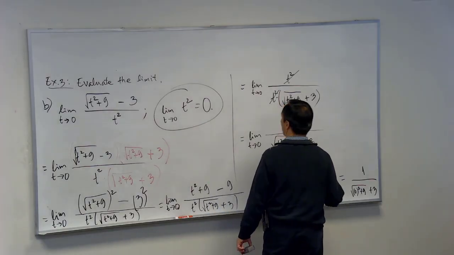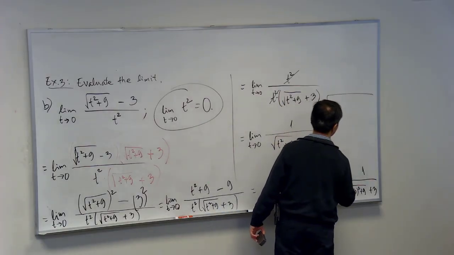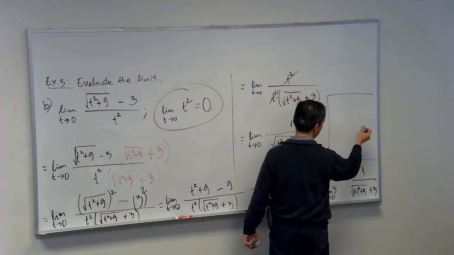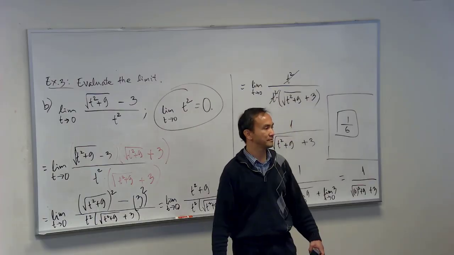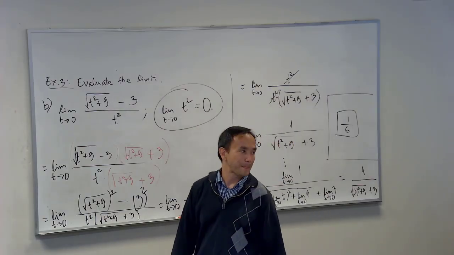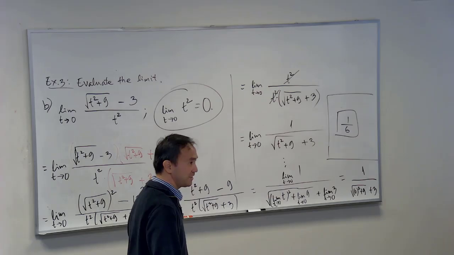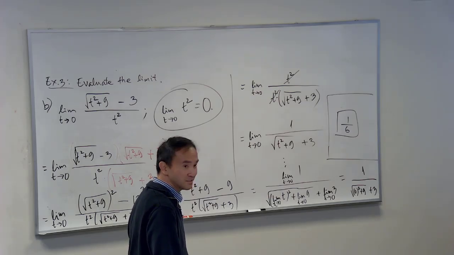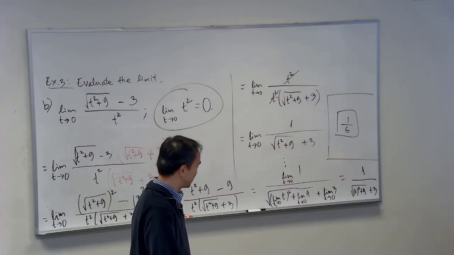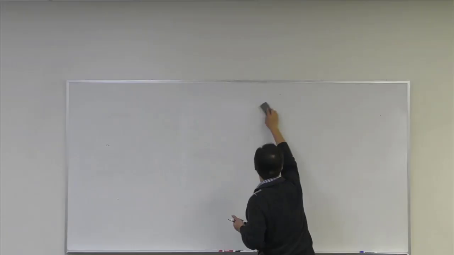Altogether the final answer is 1 over 6. That's our answer for that. There's 1 on top, and in the square root at the denominator, 0 plus 9 is 9, taking the square root of 9 is 3, plus 3 after that.